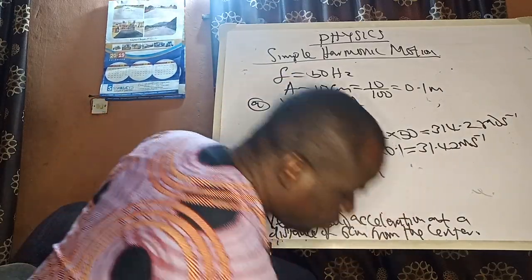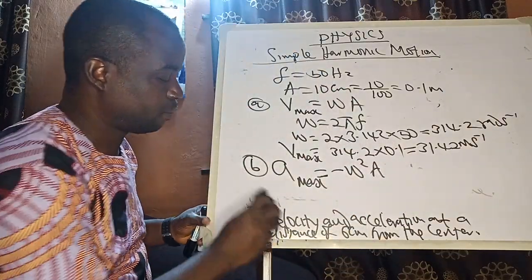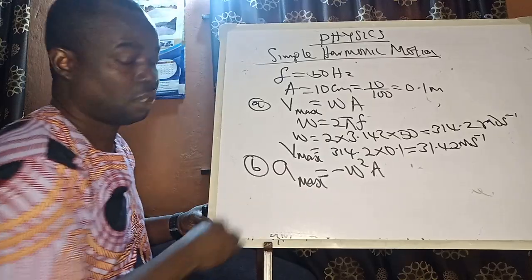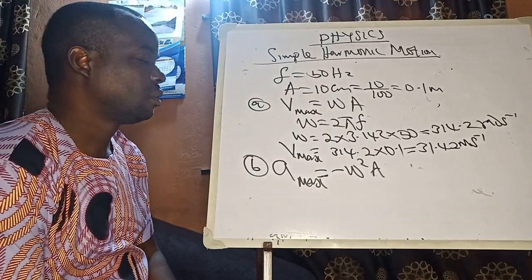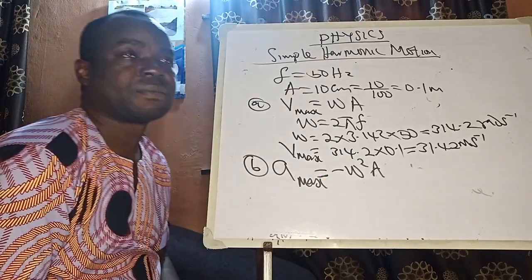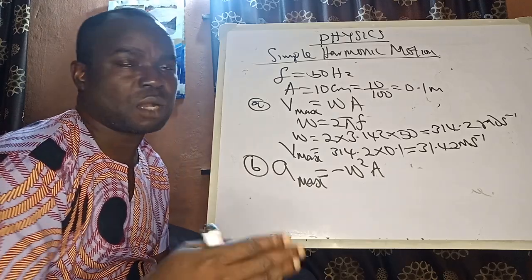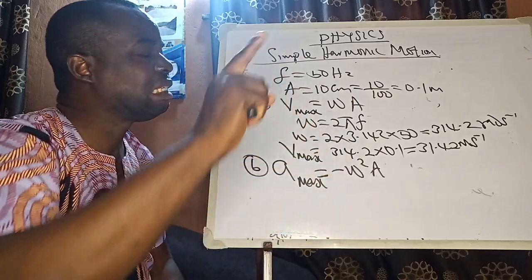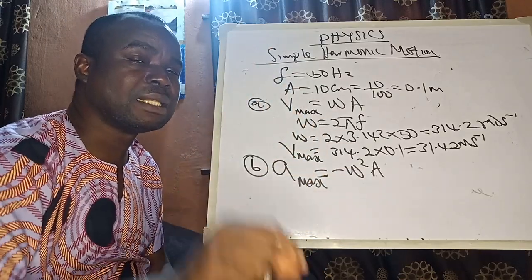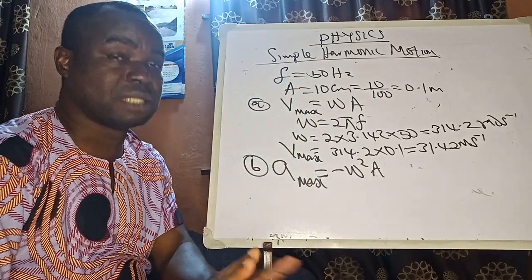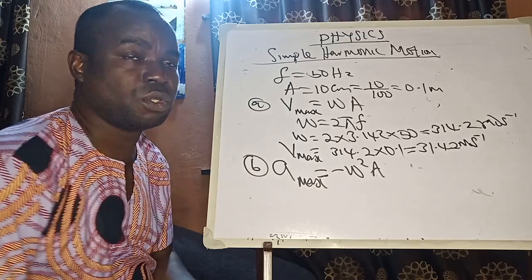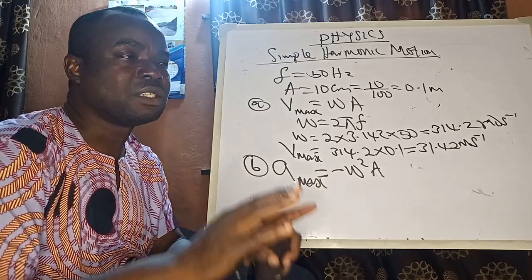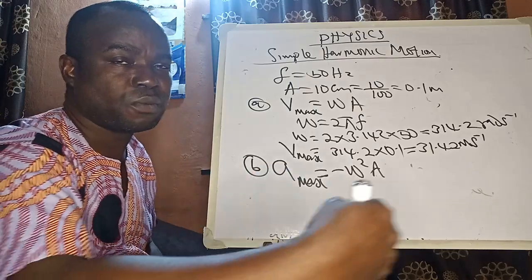Negative omega squared A. How do you do that? This minus here, you don't use it in the calculations. The minus shows that the acceleration is directed towards the center of oscillation. That's all it signifies. So you don't use it in the calculation. It shows that the acceleration is directed towards the center of oscillation.